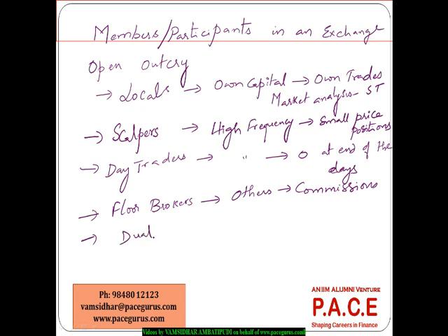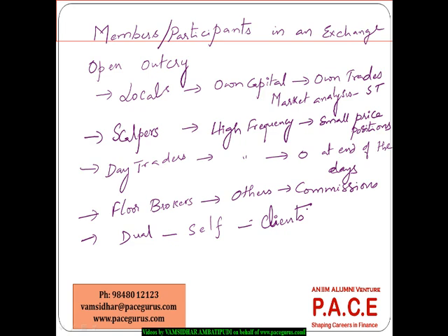So dual traders are those participants who trade both for their own account as well as for their customers or clients. So all these are various participants whom we see in a typical exchange process.